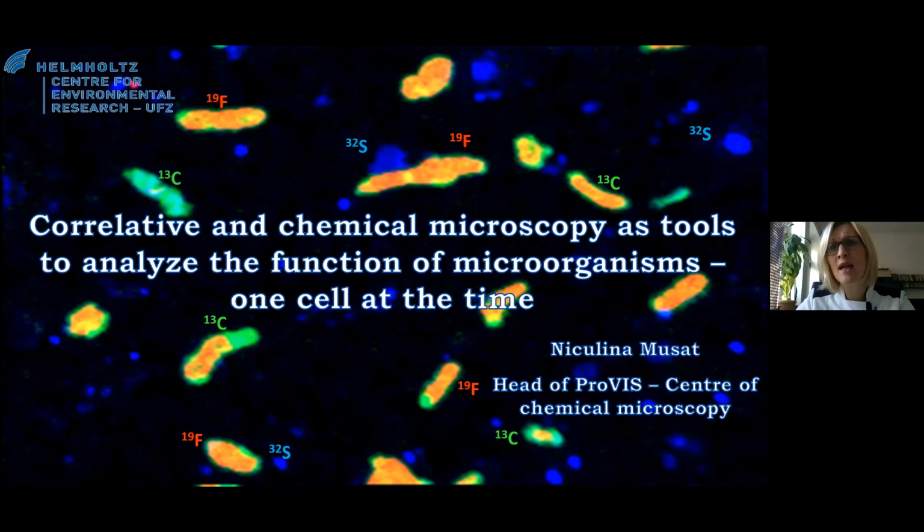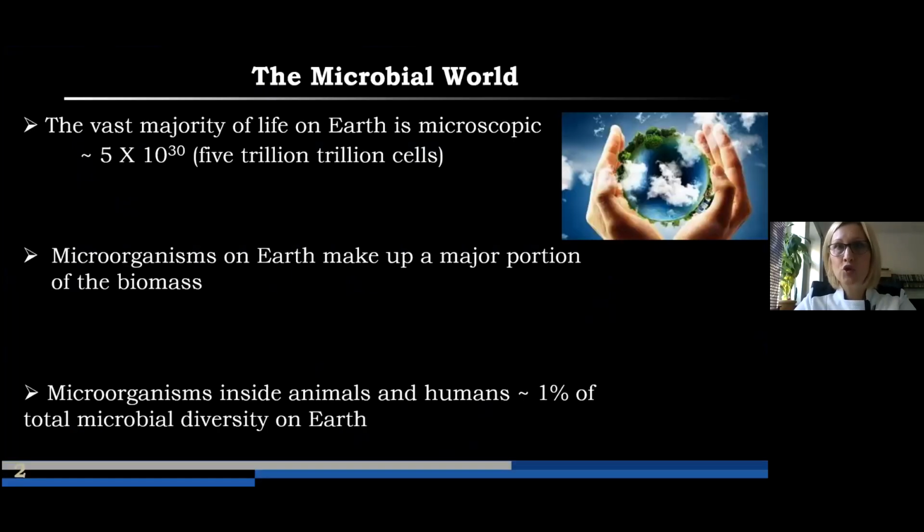So before I start with showing you the tools and explaining the techniques to you, I would like to say a few words and a few general things about the microbial world, which I'm pretty sure you already know. So you know that the vast majority of life on Earth is microscopic, and you know that they can be found in tremendous numbers.